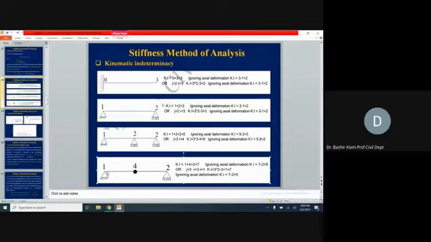If you are looking at my cursor, it is going to deflect here down, and from here it is going to go up to this support. Now, what will be the rotation here? The rotation here will be this vertical displacement divided by this horizontal distance.